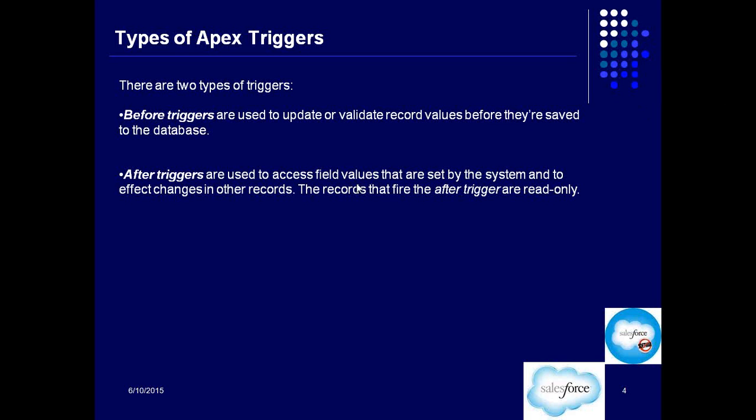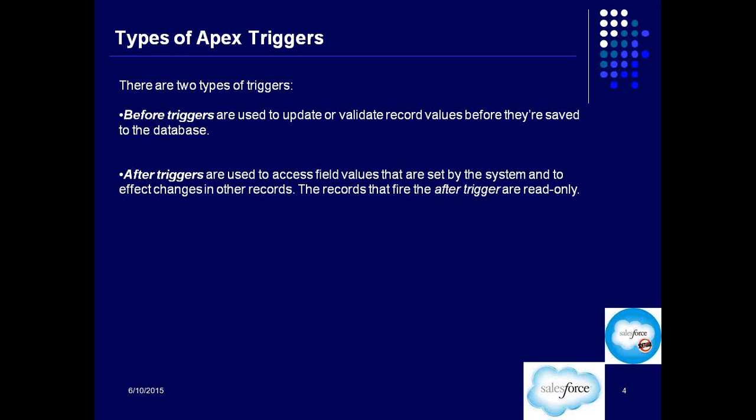And one small thing here: the records that fire the after trigger are read only. So the record which just got created, in that after trigger, you cannot make changes in that record. You can take the value from that record and make changes somewhere else, in some other record, but you cannot change the same record in an after trigger.